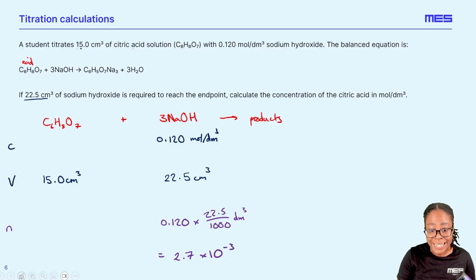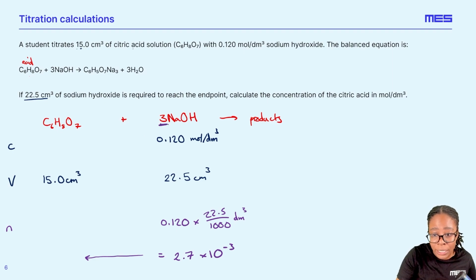Okay? Now I can use the balanced symbol equation to link the number of moles of sodium hydroxide to the number of moles of the acid. And so the ratio here is 3 to 1, right? 3 moles of sodium hydroxide for every 1 mole of acid. So to relate those, I'm going to divide the moles of sodium hydroxide by 3 and then multiply by 1.